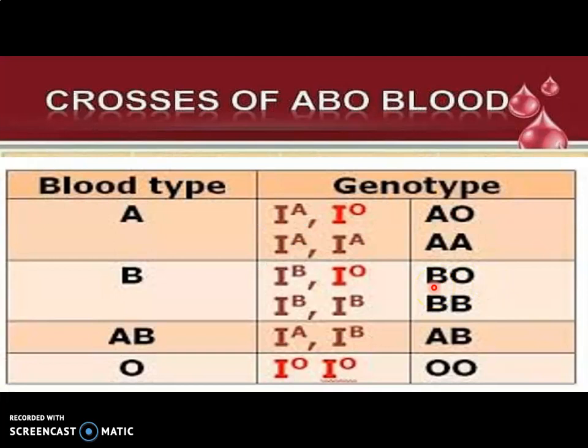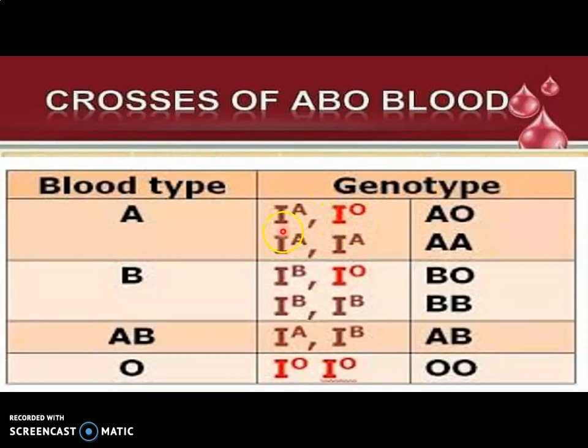Based on the presence of these antigens on the surface of the red blood cell, the following blood types are identified, just as I said earlier. And if you make crosses of this ABO blood group, you will be able to identify the following genotypes. Blood group A can possibly have the A genotype or O genotype.